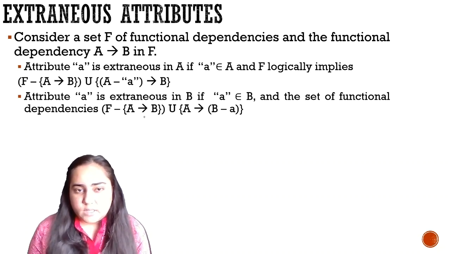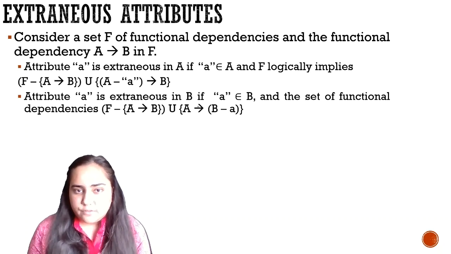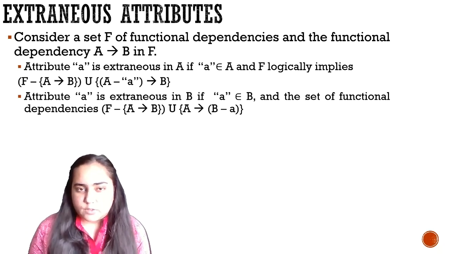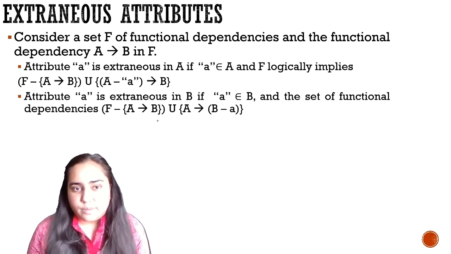The original dependency is removed and a new dependency is added where, from the right hand side, I am removing this small a extra attribute. Now after doing this, if the set of dependencies that I have logically implies F, which was my original set, which means I can get all my original functional dependencies back even after changing this functional dependency, then you can say this small a is an extraneous attribute and you can let go of it.